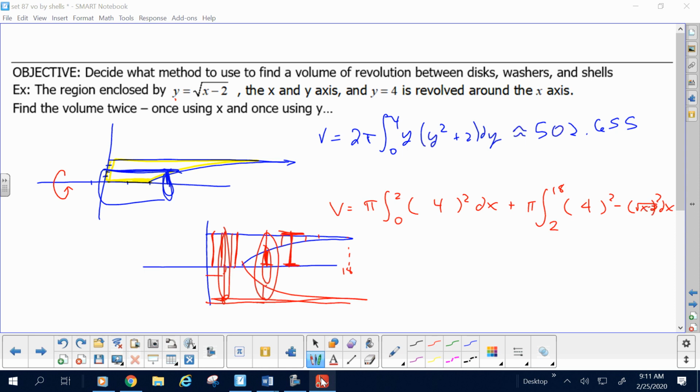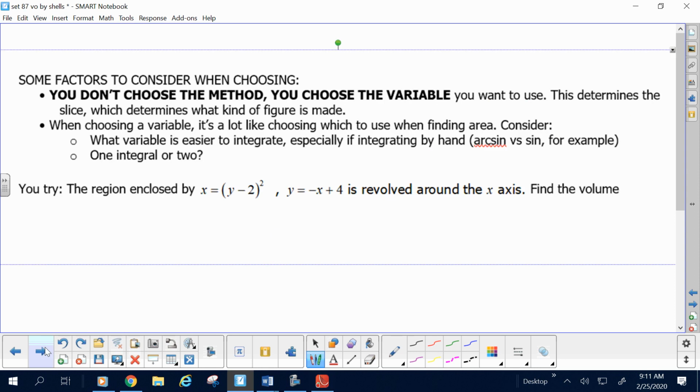Are you down? Okay. So when you have choices, just so we're clear, you don't choose, I'm going to use shells, I'm going to use what? That's not the choice. You don't say, hey, I'm going to use this method because I love shells. You say, what variable do I want to use? And that's what makes the choice for you here.